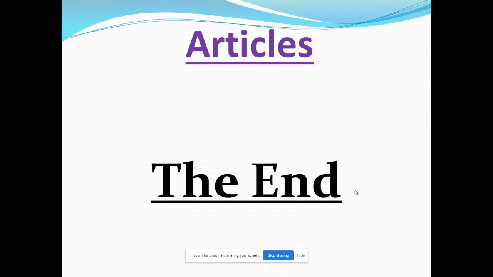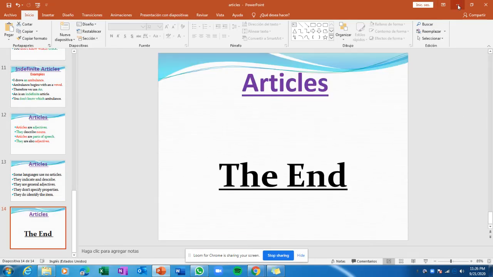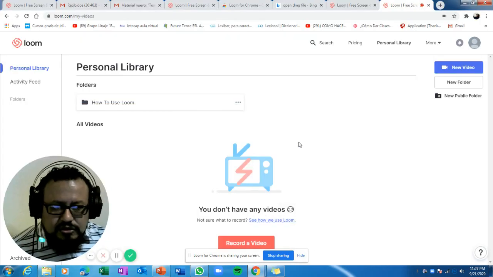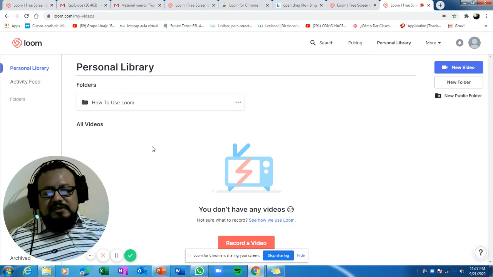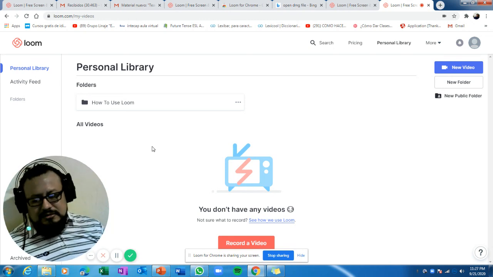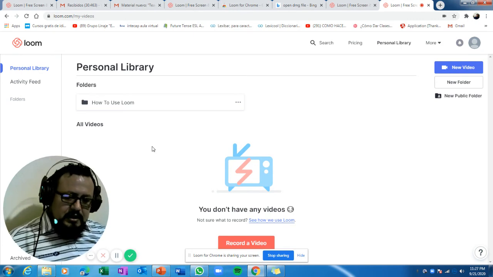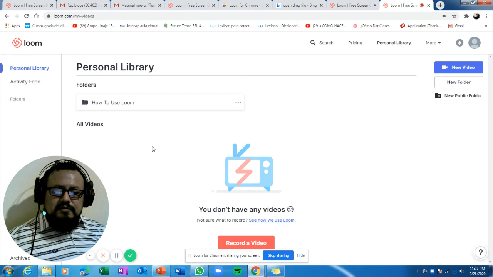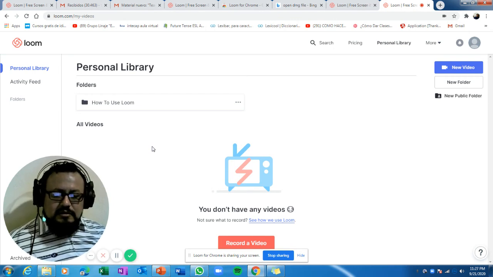And this is basically the end of this presentation. So remember and don't forget about it. There are two types of articles, okay? The definite article and the indefinite articles. Just to do a little recap, the definite article is the word the, and it's pronounced with the th sound followed by the uh sound. So it's thuh, okay?